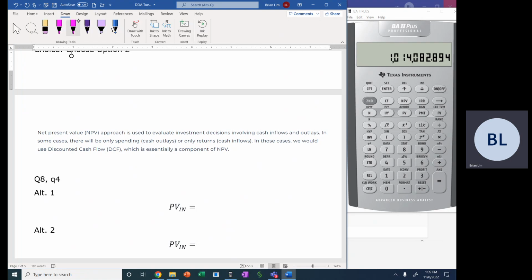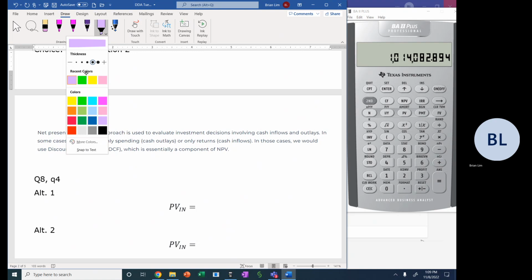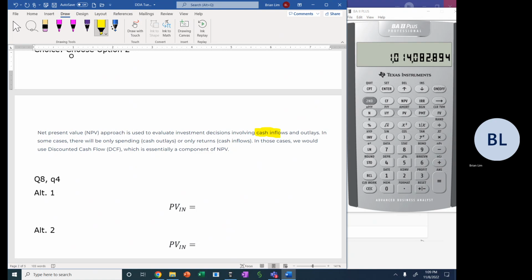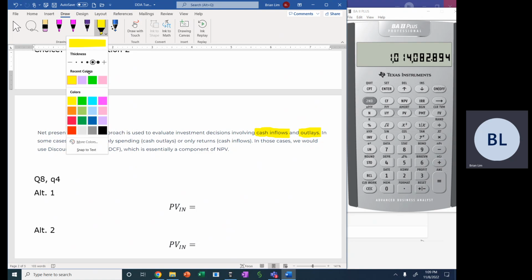Okay, so let's maybe just do a little bit of highlighting. So you have inflows, all right, and outlays. All right, now, but there's also this item called discounted cash flow, right?